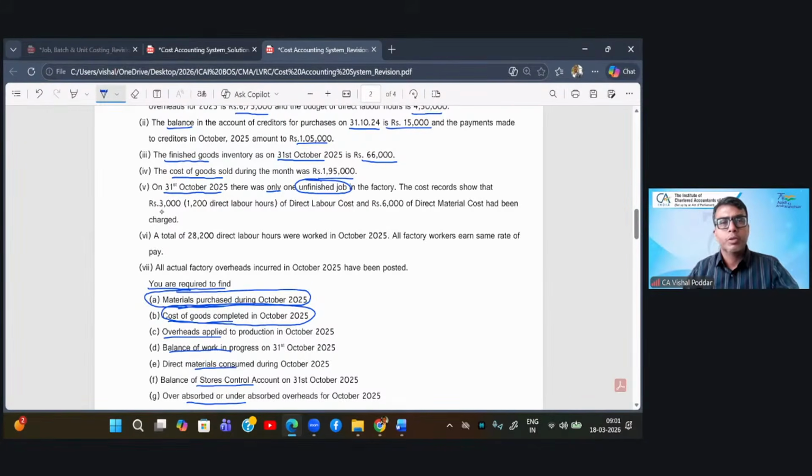The cost record shows that rupees 3,000 is towards the labor cost and rupees 6,000 is towards the material cost. So, in other words, you are given details of the cost incurred on this WIP. And with this, we will be able to find out the value of closing WIP.